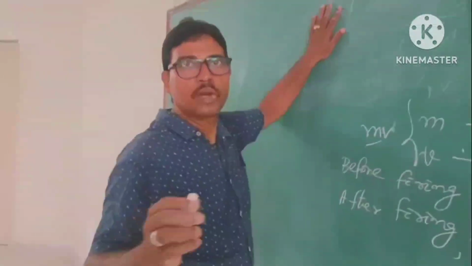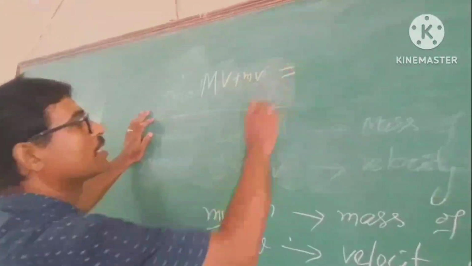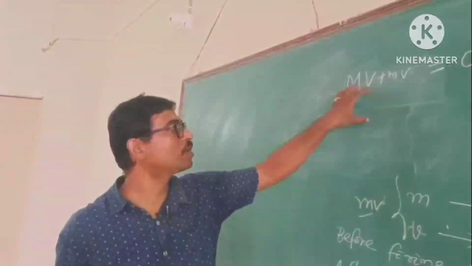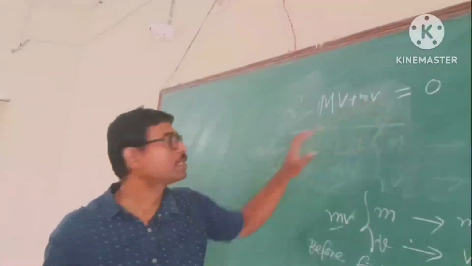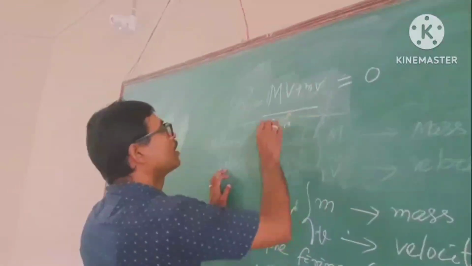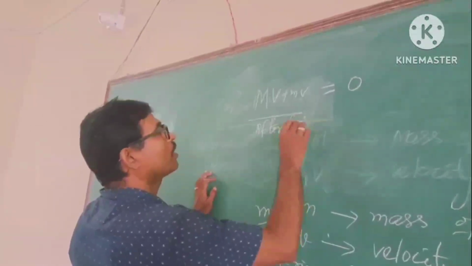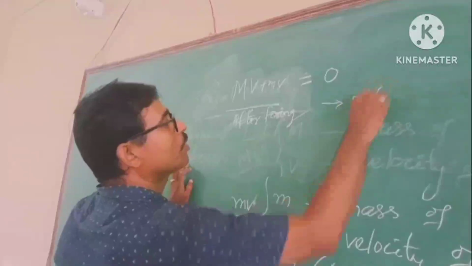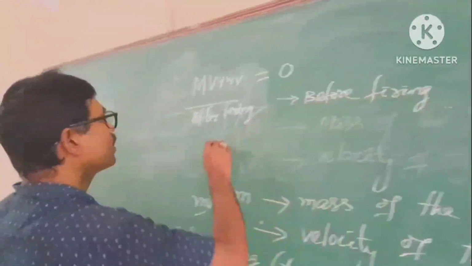Total momentum after firing is MV plus mv, where MV is the momentum of the gun and mv is the momentum of the bullet. Before firing it is 0. Now, what are you observing?